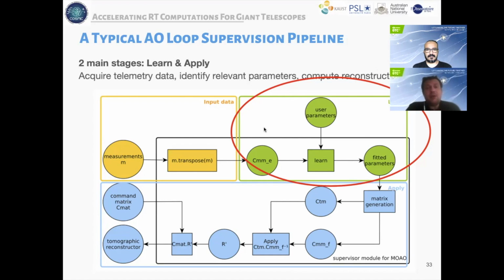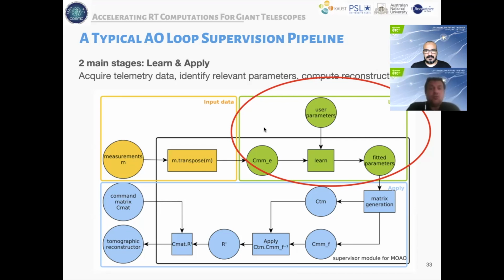And we have a typical pipeline that is depicted here, made of three main parts. One is a pure acquisition part, where we retrieve telemetry data out of the AO system, and we build a covariance matrix of all the measurements that have gone through the system.